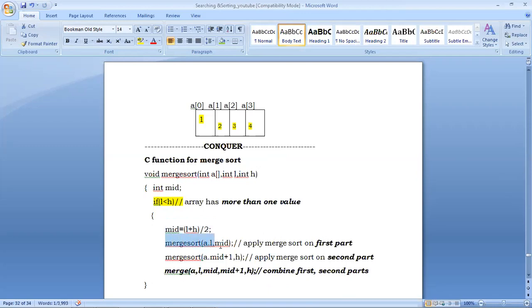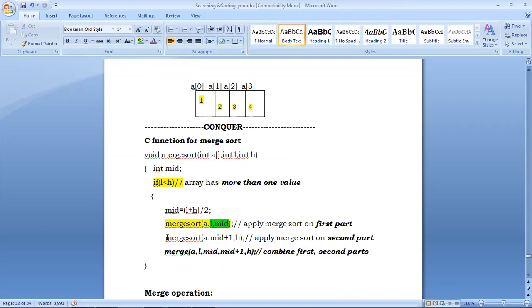Then we have to apply the merge sort procedure or technique on the first part. So what is the first part's range? A is the array. We have to divide the array into 2 parts, and we have to apply the merge sort technique on the first part and the second part. The first part is from L to mid. So we apply the merge sort technique on the first part. Similarly, you have to apply the merge sort technique on the second part.